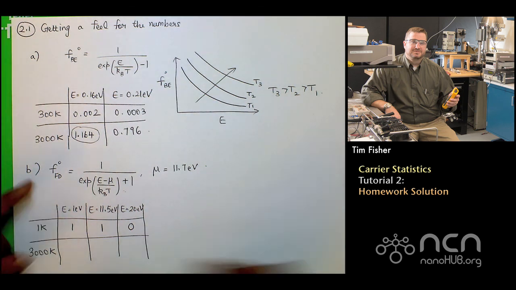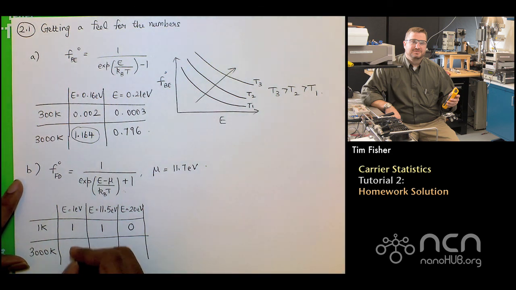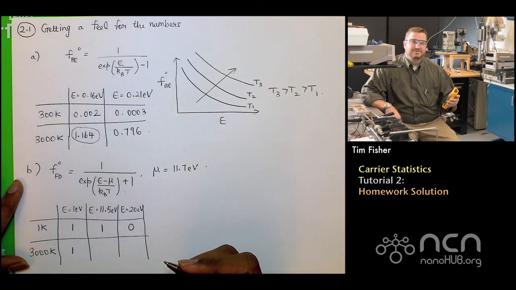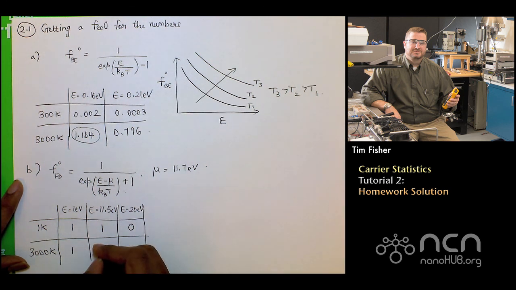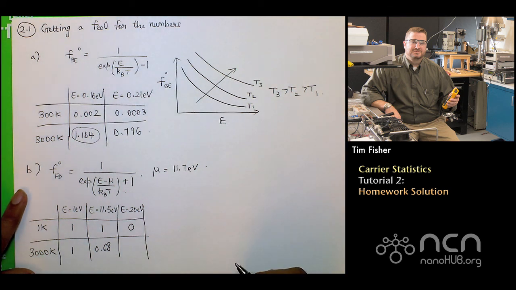The same thing calculated at a higher temperature of 3000 Kelvin comes out to be 1 again for the 1 electron volt case, and it comes out to be 0.68 for E equal to 11.5 electron volt, and for E equal to 20 electron volt it's 0 again.